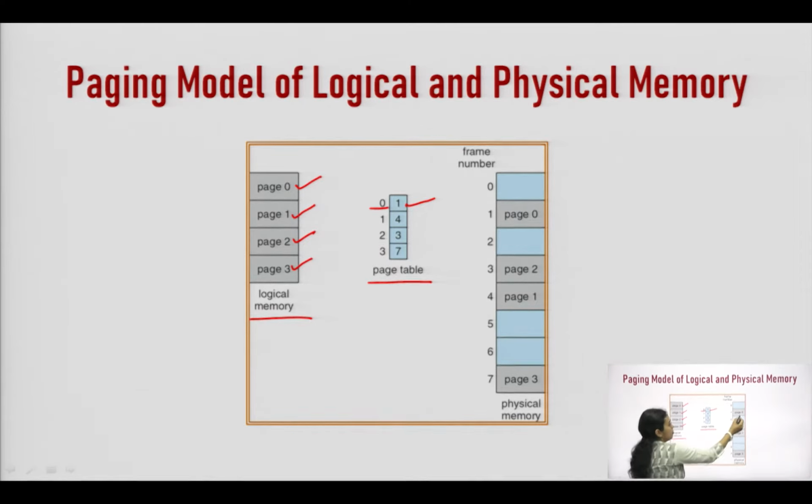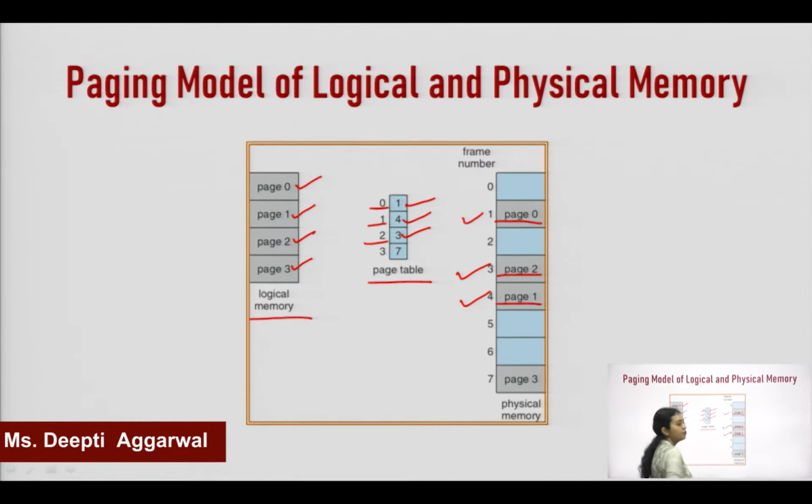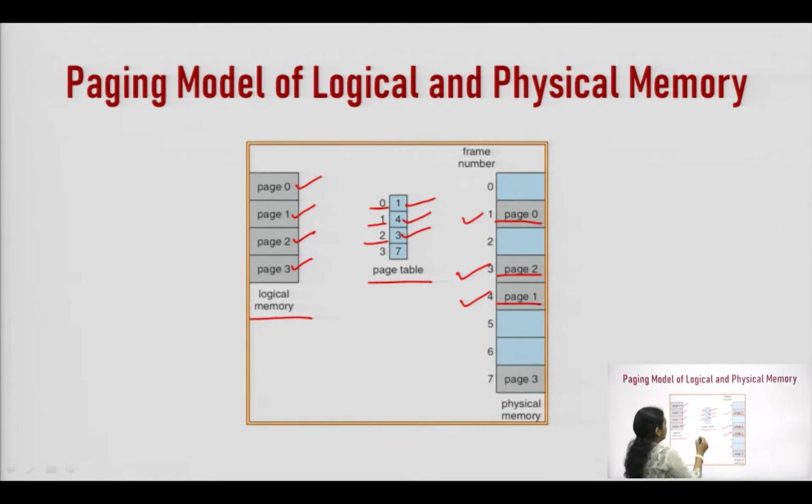Page 1 is located in frame number 4. Page 2 is located in frame number 3. Then page 3 is located in frame number 7 of physical memory.